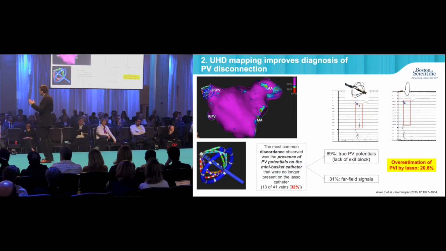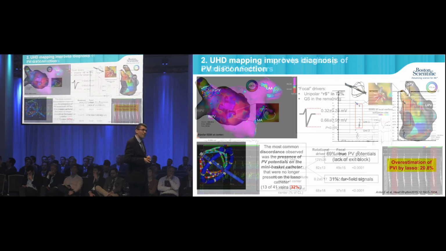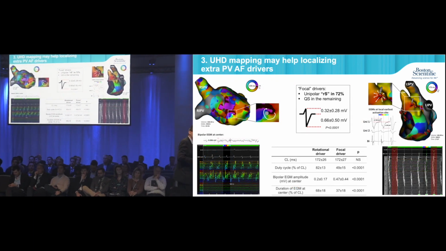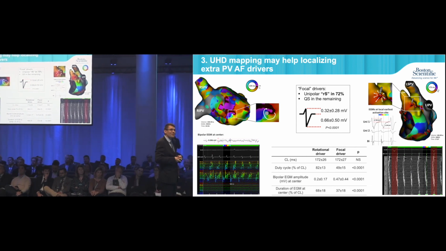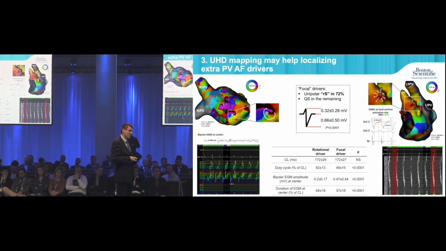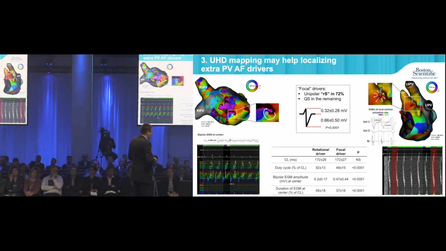The second one, and I don't have to insist on that, it has been largely commented before, the Orion is a better tool to assess PV disconnection than the LASSO, which is overestimating this disconnection. The third reason, and I hope I convinced you, is that with this mapping system, you might localize extra PV drivers. And hopefully very soon you will have an automatic tool for highlighting them.